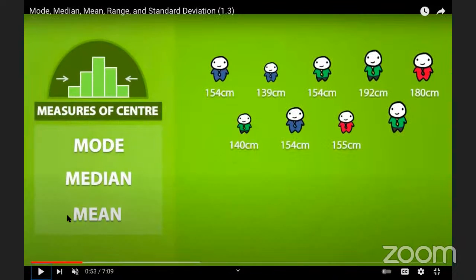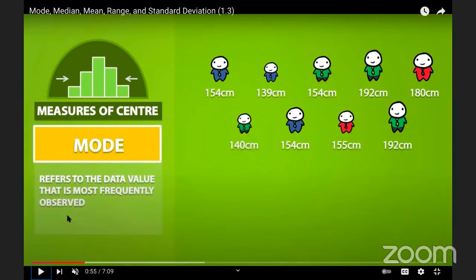Now you can see on the screen some sample data. There is a set of people whose heights are measured, written in centimeters. How do you calculate the mode for this? The mode refers to the data value that is most frequently observed.